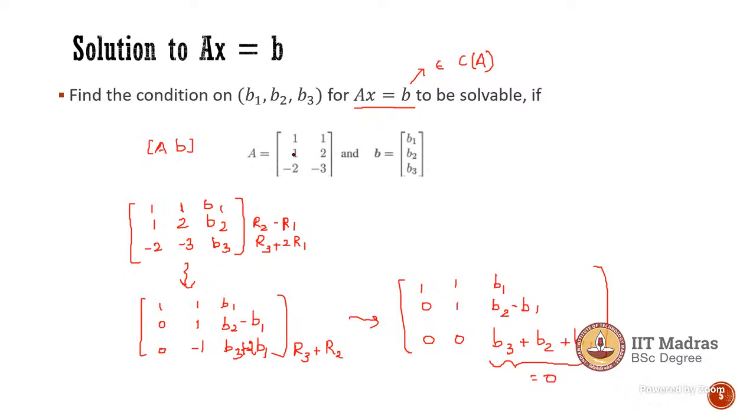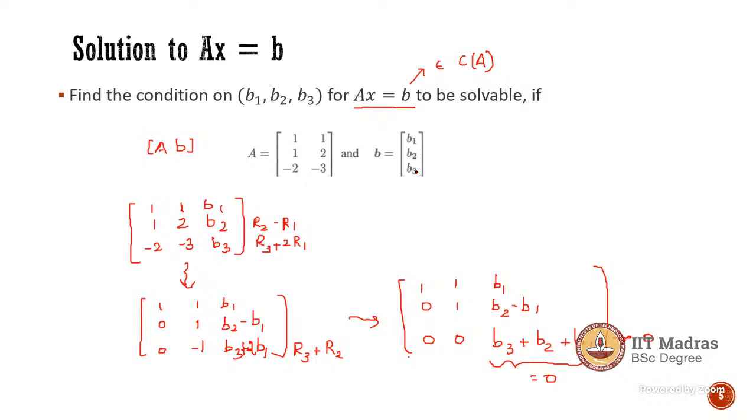That is the condition for the system of equations Ax equal to B to be solvable. The first row is obviously not 0, and the second row also does not have all zeros. But if you make this third row all 0, then we can say that B is in the column space of the matrix A. Hence, the condition is B3 plus B2 plus B1 equal to 0.